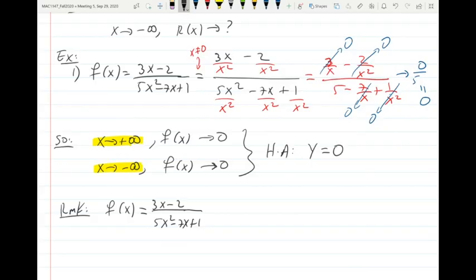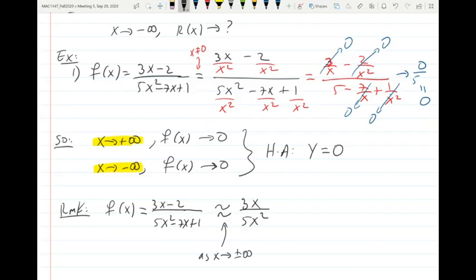Because anyway, it is whatever happens on top over whatever happens in the bottom. So we can say that this is going to be approximated by 3x over 5x squared, in other words, when you ignore the lower degree terms. This approximation is, of course, valid as long as x is very big.